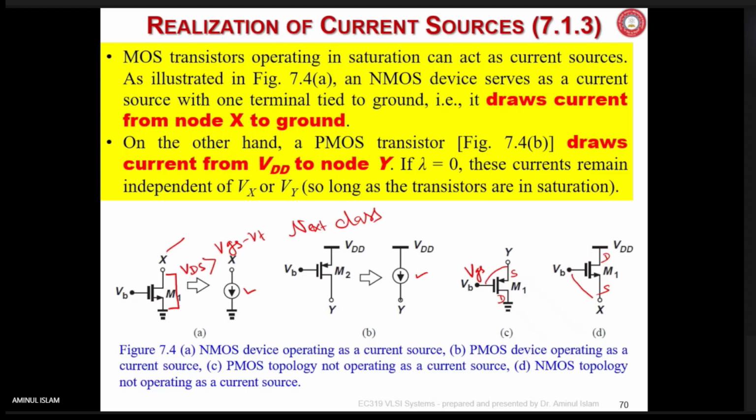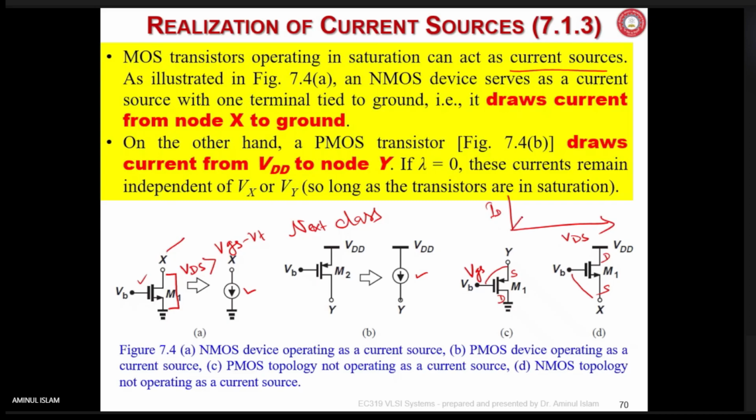Now, most transistors, if operating in saturation region, can act as a current source. For example, this one, if it is operating in saturation region, then it will behave like a current source. We know that in saturation region, current ID is constant.